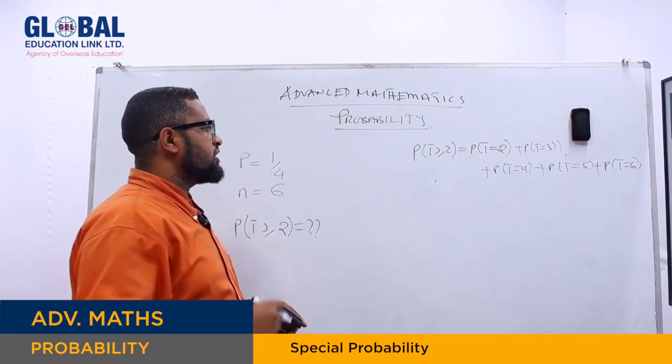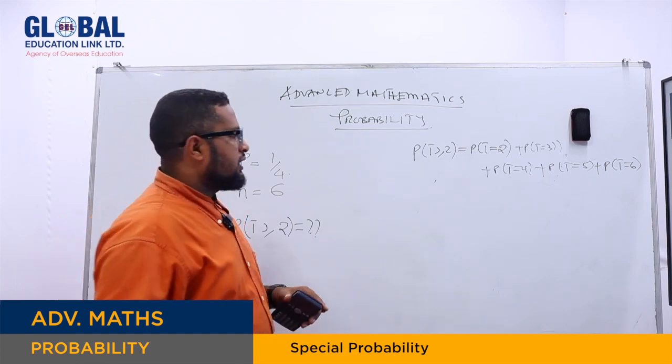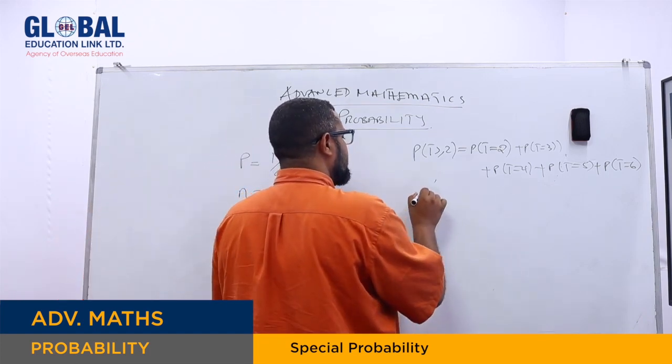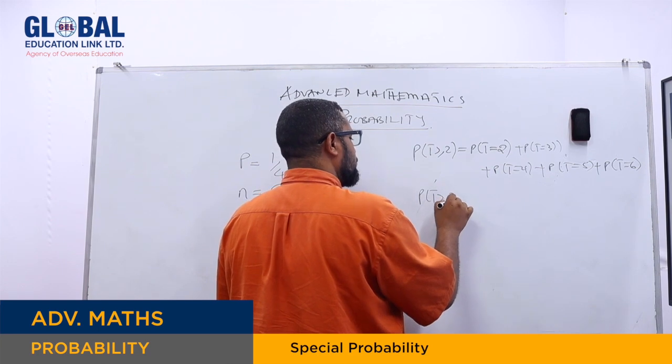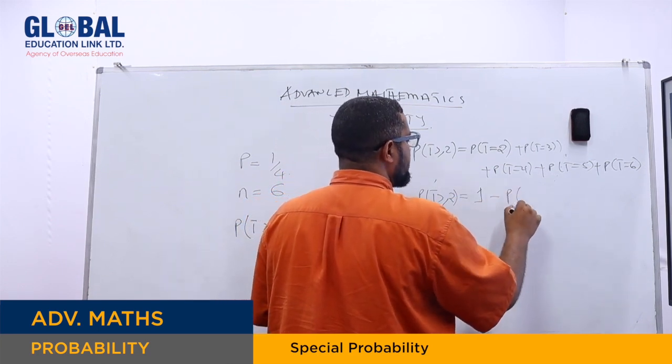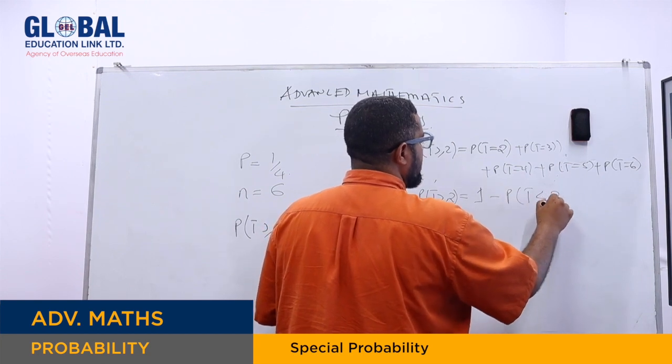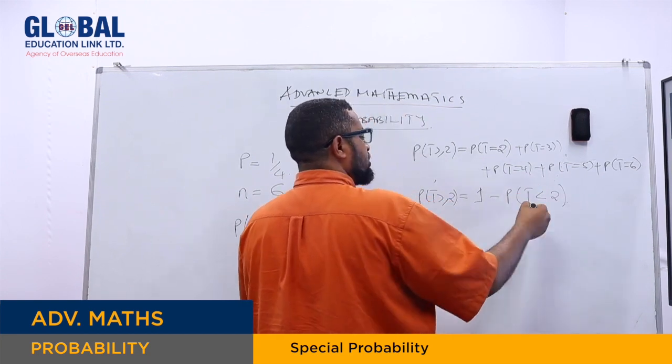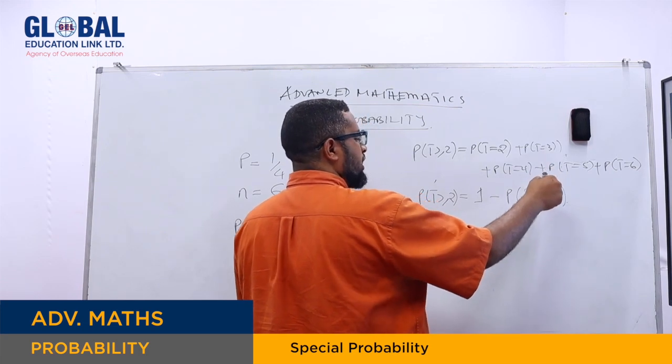Or you may change into another way. That is, probability of t greater than or equal to 2 is obtained by taking 1 minus probability of t less than 2, in which we are not taking 2 here.